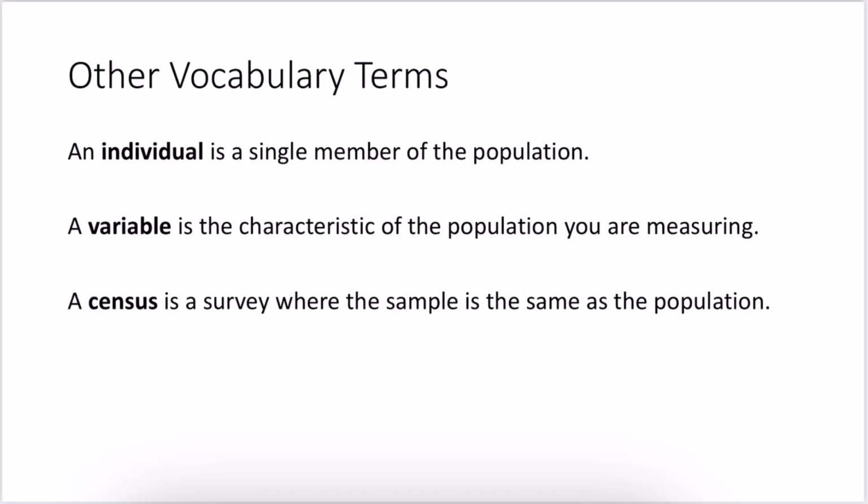As we're doing the statistics vocabulary assignments, there's a couple other vocabulary terms you should know. First of all, an individual is basically a single member of the population. In the example where the population was SUU students, an individual would be a single SUU student. A variable is the characteristic of the population you're measuring.